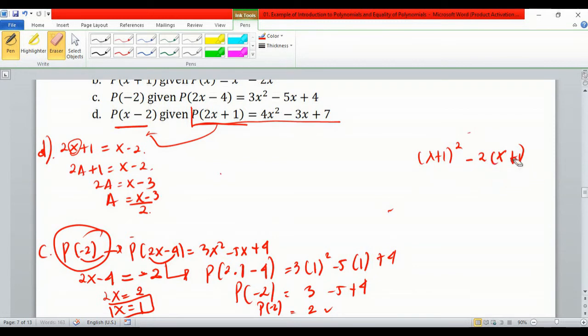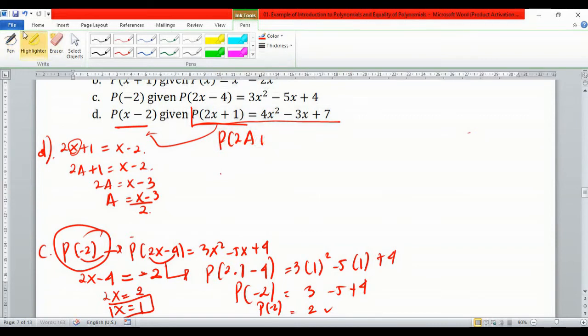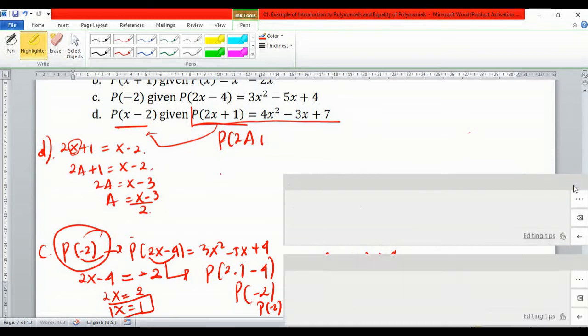Okay, so we have the a. When you substitute them into p(2x), you need to change all the variables with a, everyone. So we can write this one as p(2a plus 1). Sorry. Okay, there is something wrong in here.